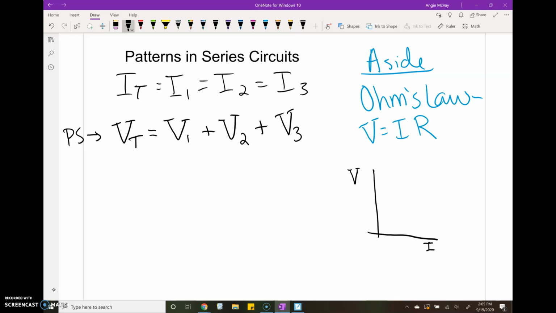If you plot voltage versus current across a light bulb or another resistor, you should get a proportional relationship where the slope is equal to R, the resistance. Okay. And so when the relationship between V and I is proportional with the slope of R, that's ohmic.